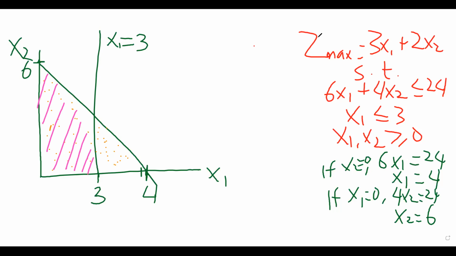Okay. Now, we go and draw the objective function. And the objective function is 3x1 plus 2x2. Now, the value at this section, we don't know. So we take an arbitrary number. And like I always say, the easiest arbitrary number is when you multiply the 2 by the 3 and get a number.